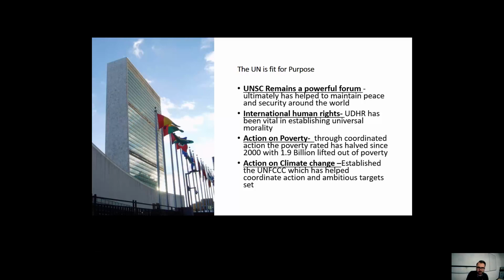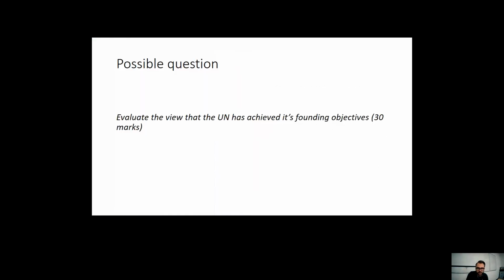And just to bring this into the exam focus, there is quite a common question that you get asked around the UN quite frequently, primarily that of evaluate the view that the UN has achieved its founding objectives. So what you'd want to do is reference those founding objectives in Article 1, and then use some of those strengths and weaknesses, making sure you're evaluating it back to that specific question.